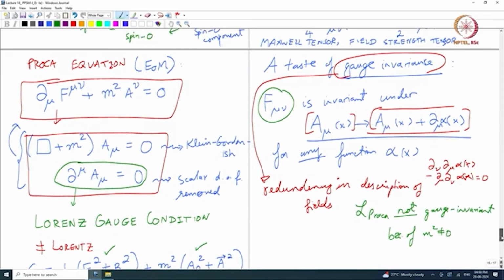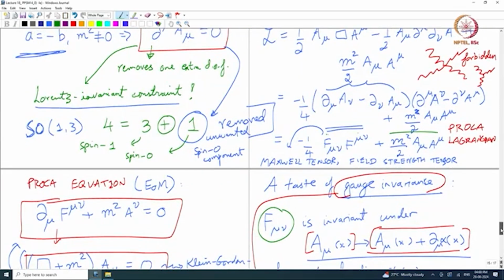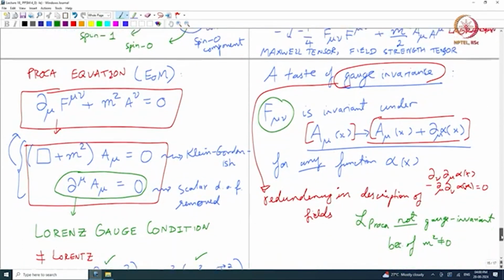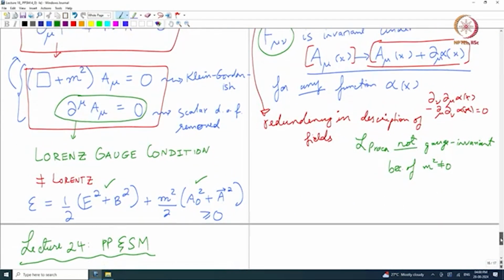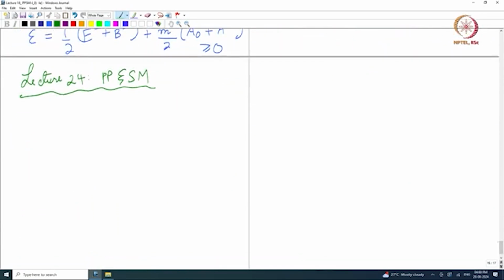And we saw a nice feature of doing this, which is that under a redundancy in the field description, if you were to take the A mu field to some other vector field as A mu plus a 4 derivative of any function of x, alpha of x, you find that the field strength tensor is left invariant, right. So, that gives us confidence in using gauge invariant theories, which we will do as we go on. Okay, good.